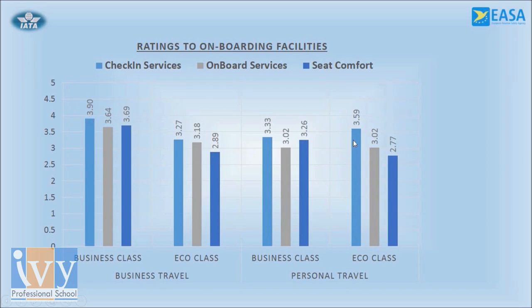The check-in services have done a great job, I see. Coming to the onboard services, again, they all have managed to cross the 3 point mark, and that signifies that the crew, the security and the ground staff have done a fairly decent job in making sure that the passengers had a good experience.